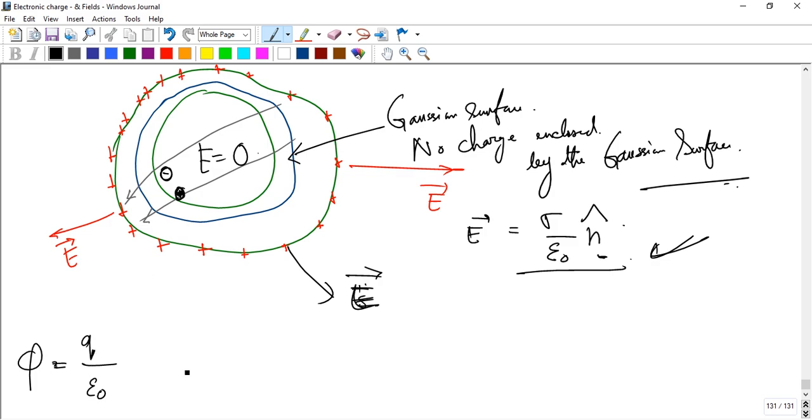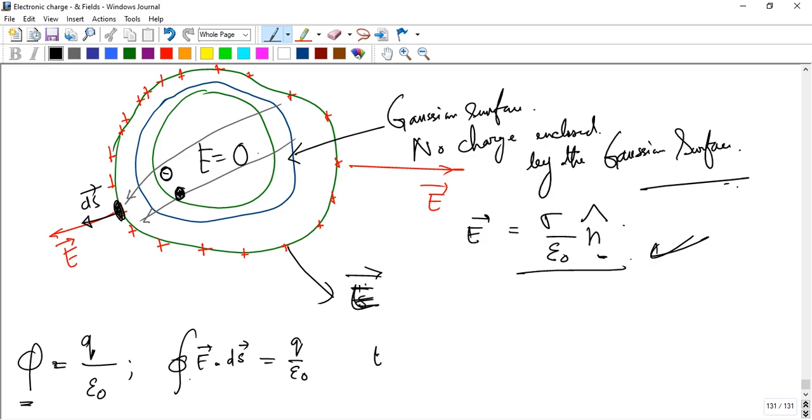The flux is the integral of E dot ds vector over a closed surface, equal to q over epsilon naught. E and ds are in the same direction, so a dot b is ab cos theta, and cos 0 is 1.